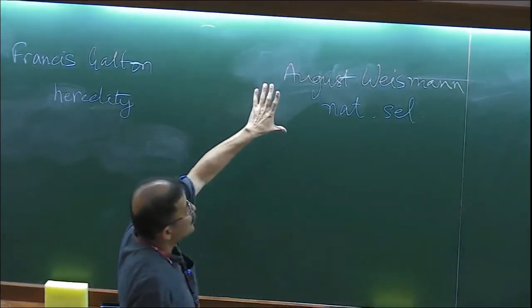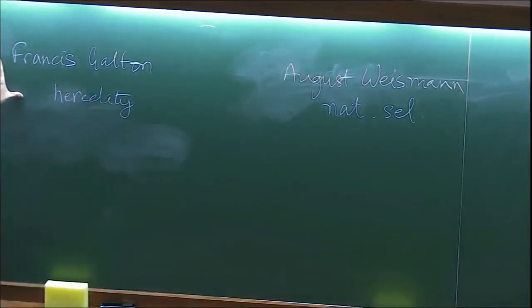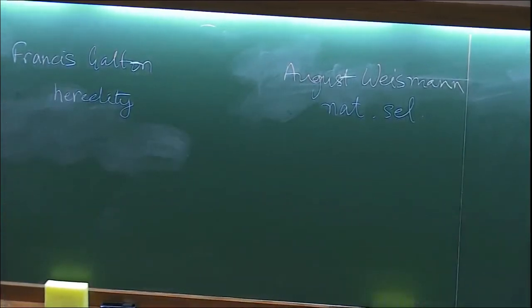So let me just talk about Weismann first, briefly what his idea was, and then I'll talk about Galton, because Galton's ideas eventually give rise to a lot of things, even though the basic insights were in some sense not entirely correct. So Weismann believed that natural selection was a very important force, and he actually almost deified natural selection in a way that some writers in the 20th century also did and were soundly criticized for doing.